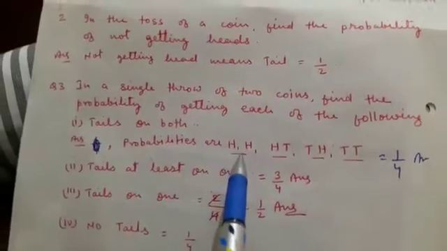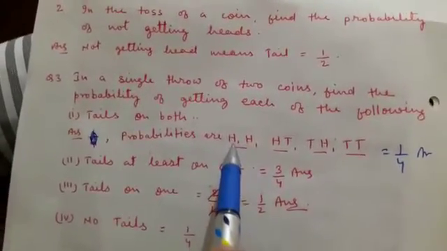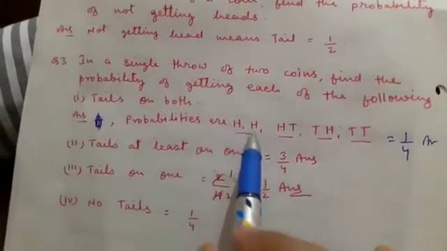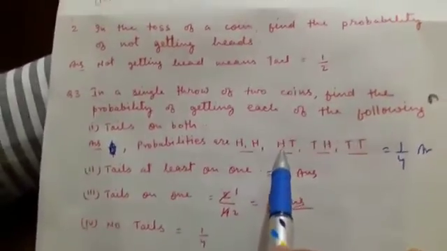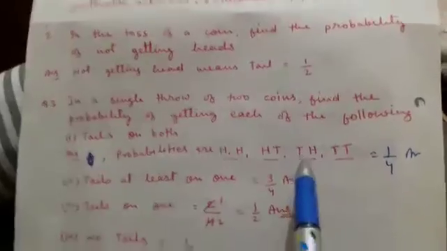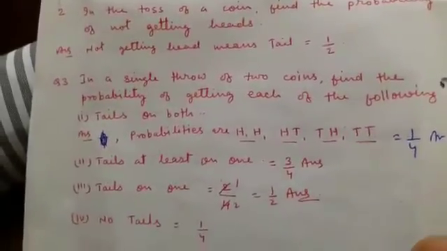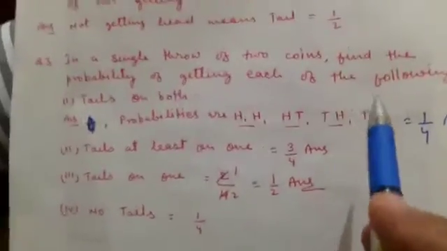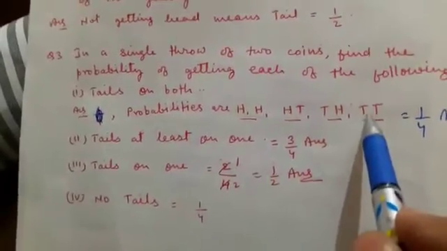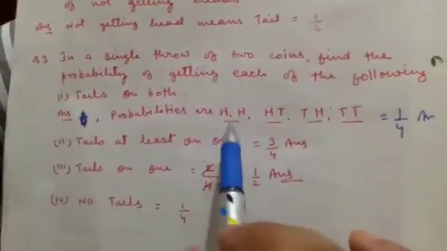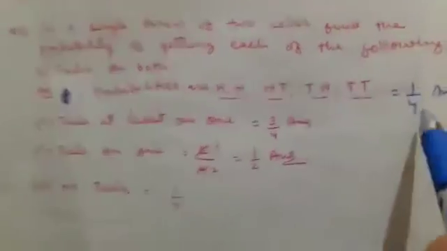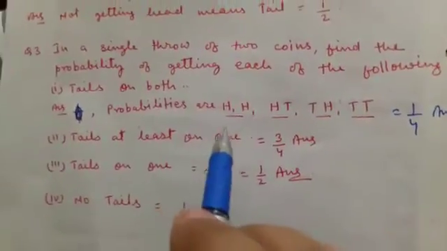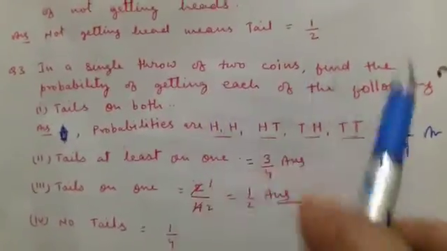Either in the first coin head will come and in the second coin head will come, or head tail will come, or tail head will come, or tail tail will come. So what is the number of favorable outcomes for tails on both coins? 1. And how many total possible outcomes? 1, 2, 3, 4. So 1 by 4 will be the probability of getting tail on both.